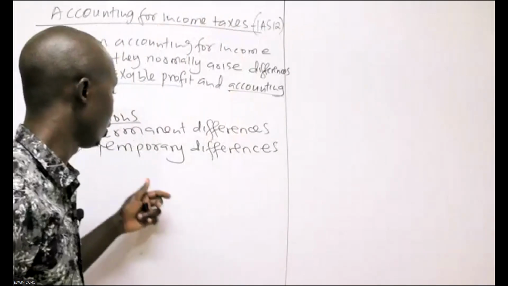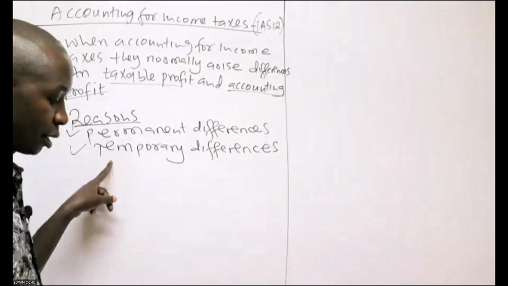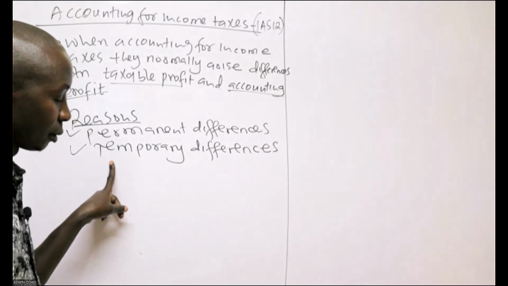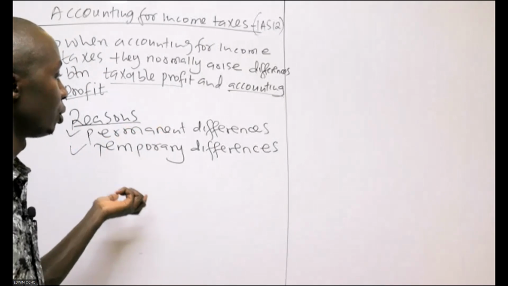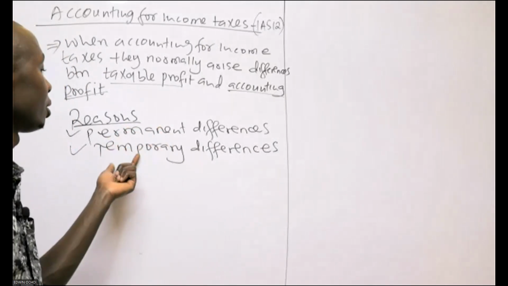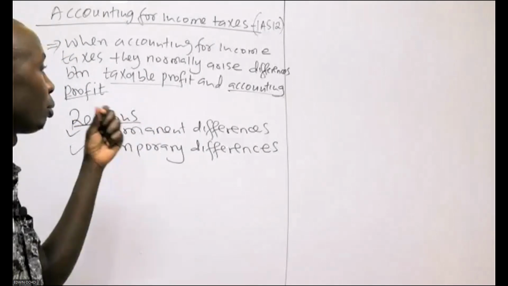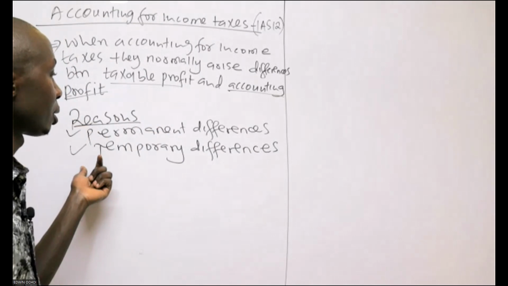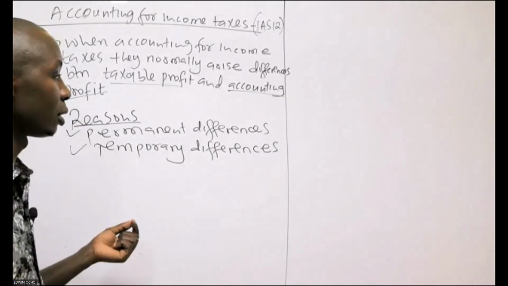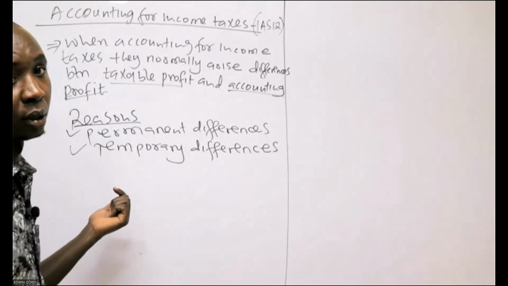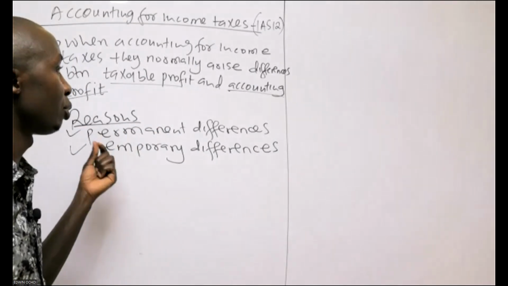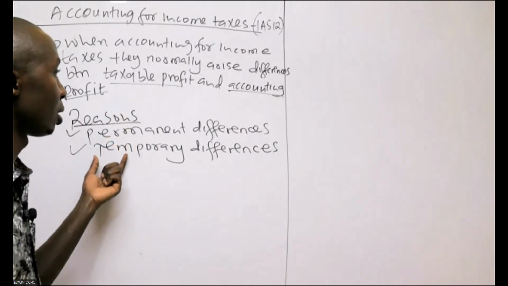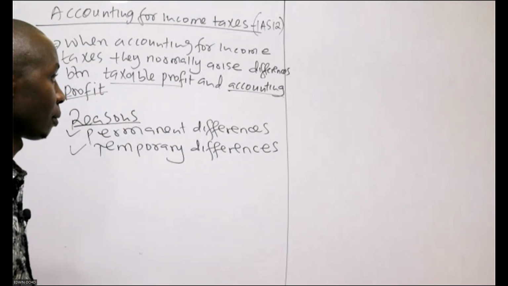What you need to know is that for temporary differences, it's all about items being considered in both profit computations, but in different time periods. For example, an expense in accounting is considered on an accrual basis, but for tax, it has to be on a cash basis.